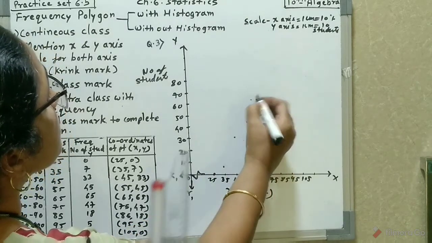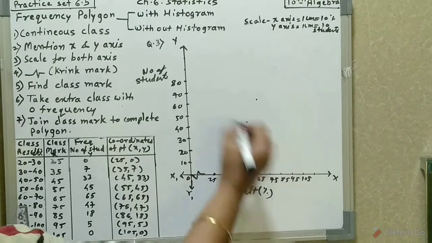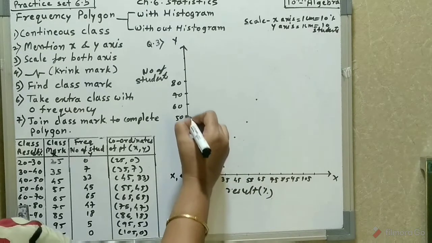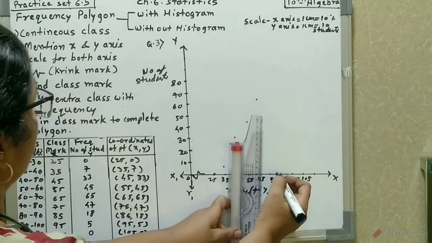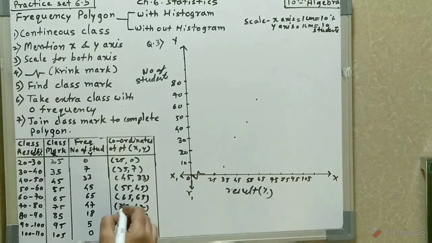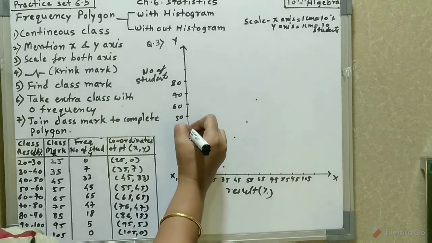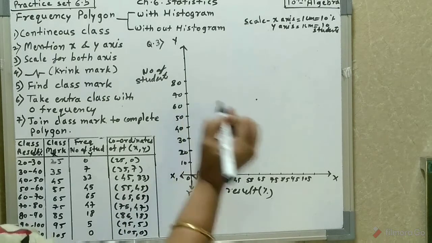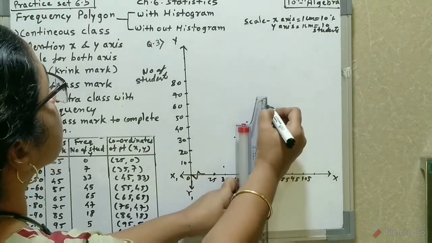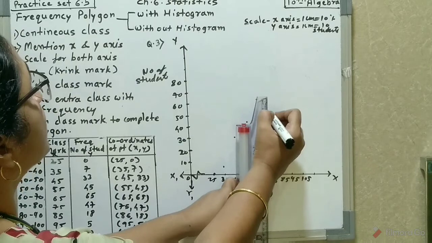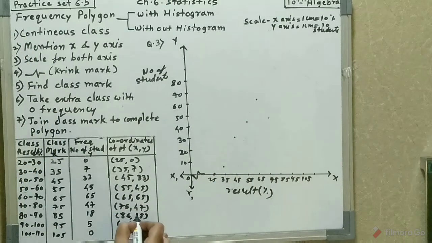So here 65. Then next one 75, 47. Sorry, 75 and 47. So 47 is here, below the 50, 3 lines, the third last. Then 85, 18.